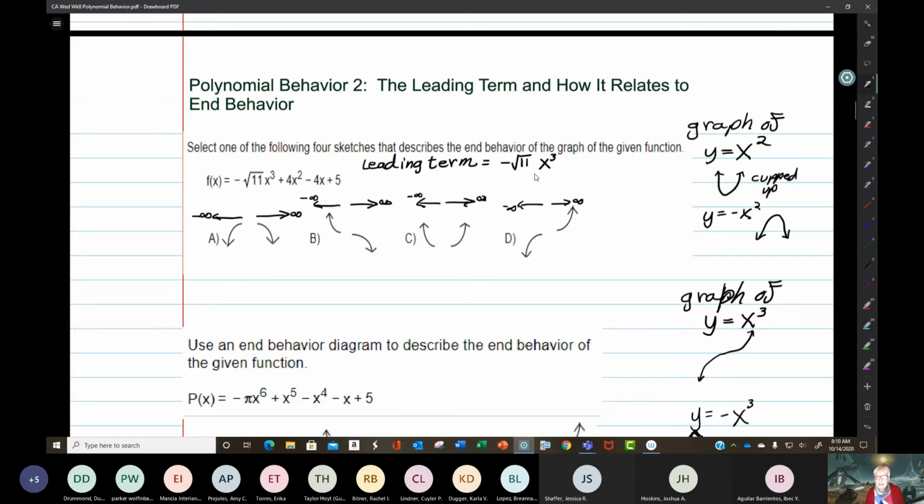Well, it just so happens that none of these other terms matter at all to what's going on way out at the ends. All that matters is the leading term.